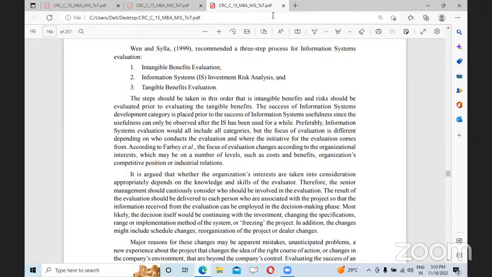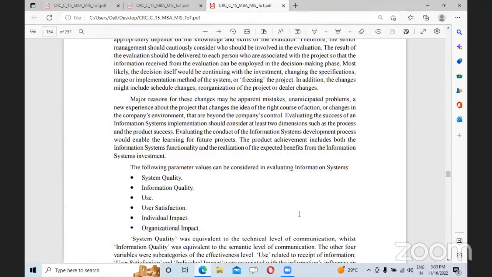Therefore, senior management should carefully consider who should be involved in the evaluation. The result of the evaluation should be delivered to each person who is associated with the project so that the information received from the evaluation can be employed in the decision making phase.